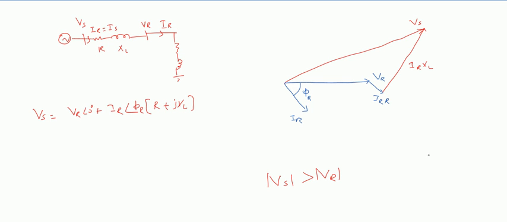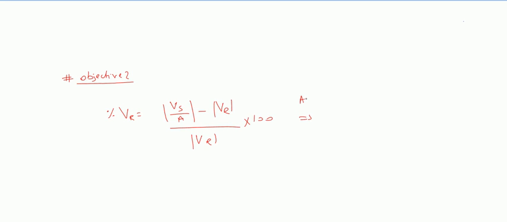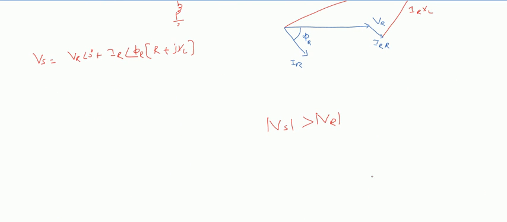For a short transmission line, A is equal to 1. So this becomes just (Vs minus Vr) divided by Vr into 100. Directly we can see that Vs is greater than Vr, which means that the voltage regulation will always be positive for a lagging load.